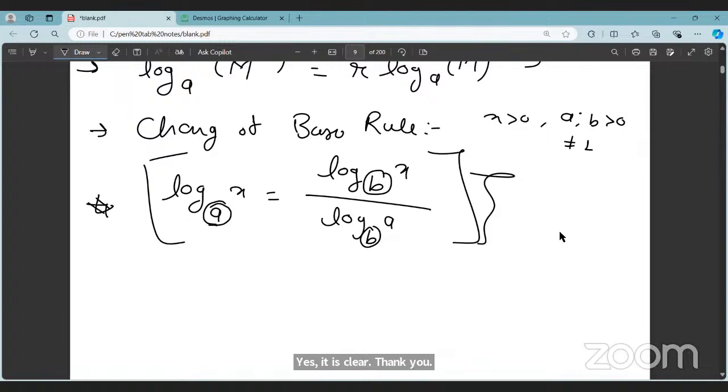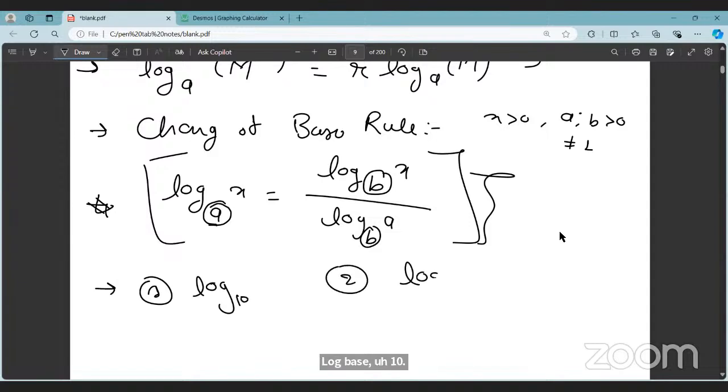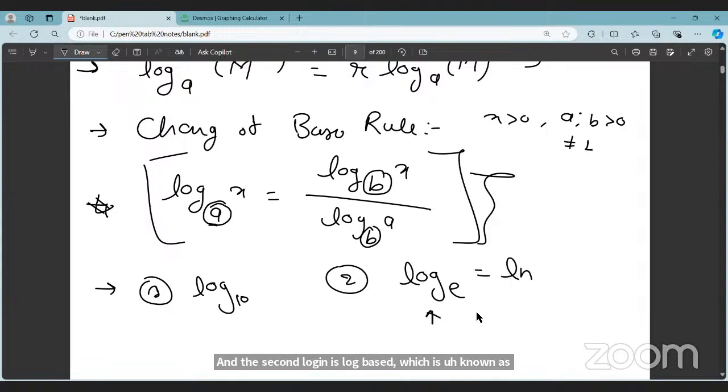Because of this property, we observe that it's not important to take every base. You can talk about only two types of logarithm. The first is log base 10, and the second is log base e, which is known as ln, the natural logarithm.